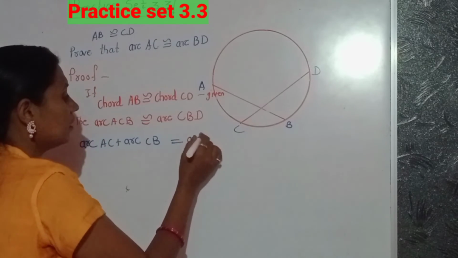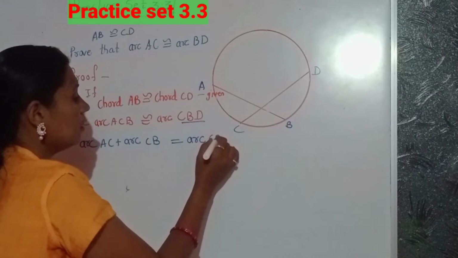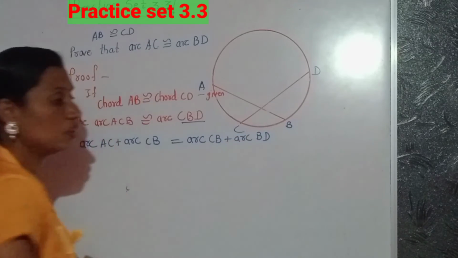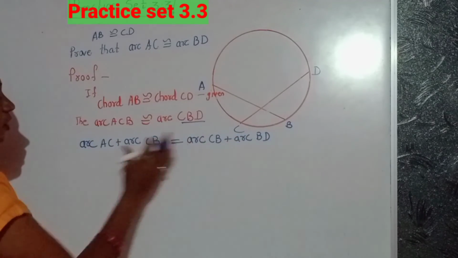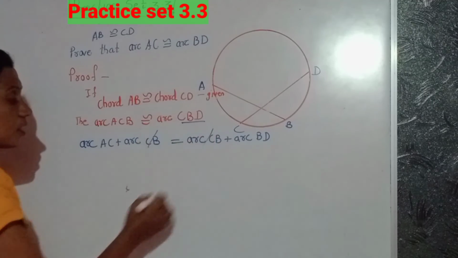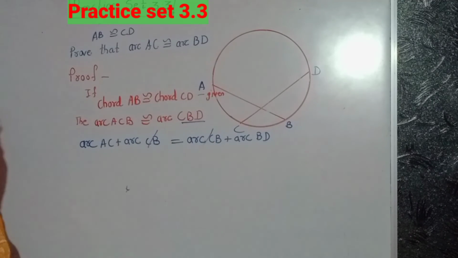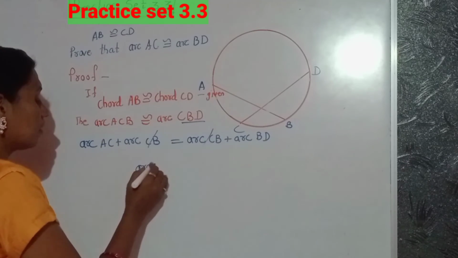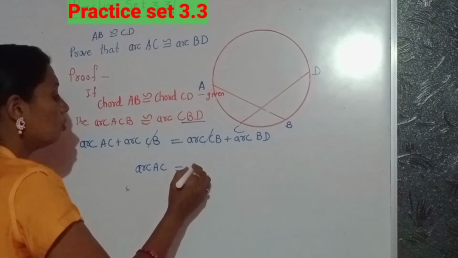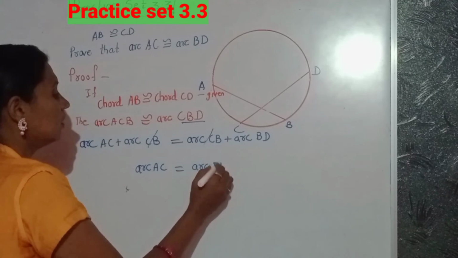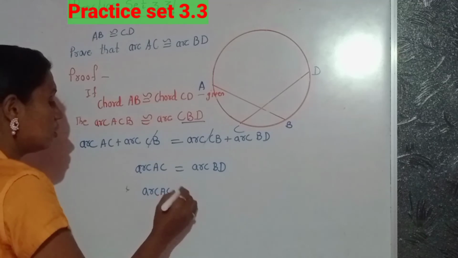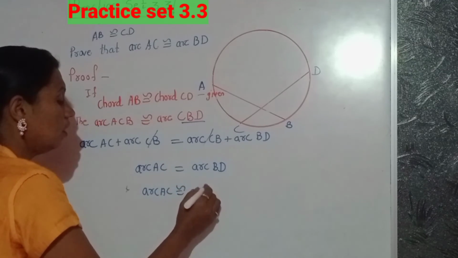I am also writing arc CB plus arc BD. Now on both sides of the equal sign, arc CB is common, therefore it gets cancelled by the cancellation method, and the remaining part is arc AC equals arc BD. In this way we prove that arc AC is congruent to arc BD.